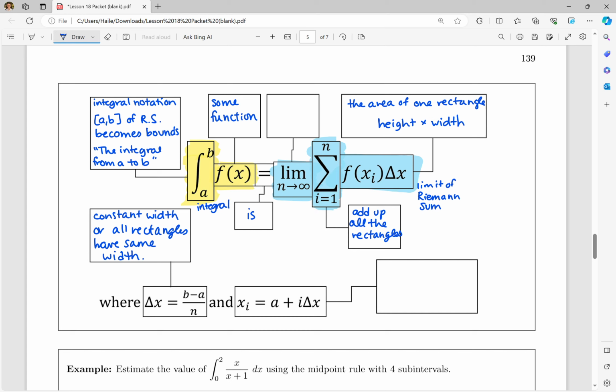Well, you should have seen in the exploring Riemann sums activity that the more rectangles you use, the more accurate your measurement. So it stands to reason if we take an infinite number of rectangles, which we can do, this is abstract math land, we should get an exact answer. So that's precisely what this limit does. So we use infinity rectangles.